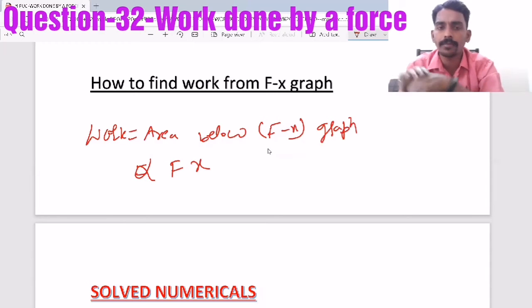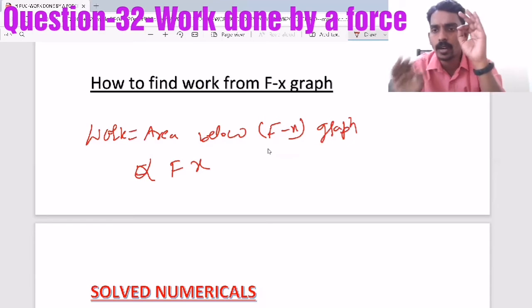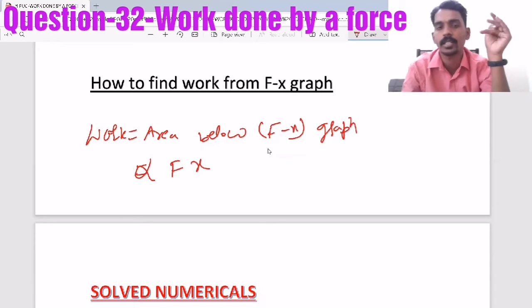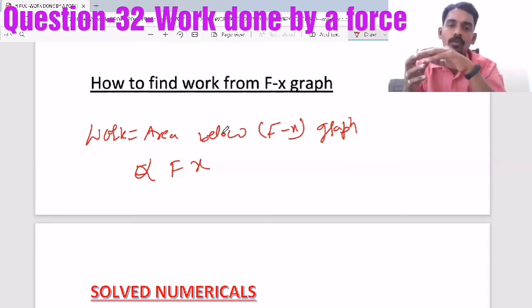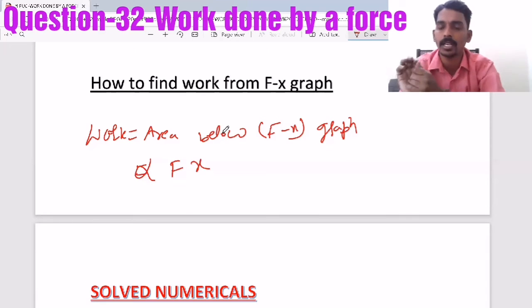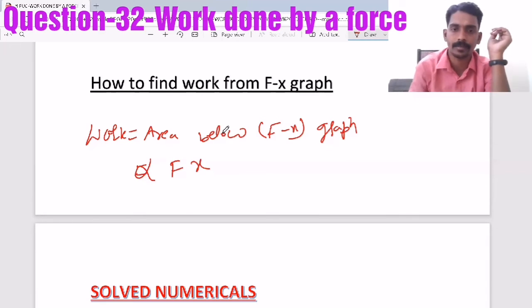That's why the area below the F-x graph gives work done. For any graph, area means y quantity into x quantity and slope means y quantity by x quantity. But here we are talking about work, and that we can find from the area below the F-x graph.